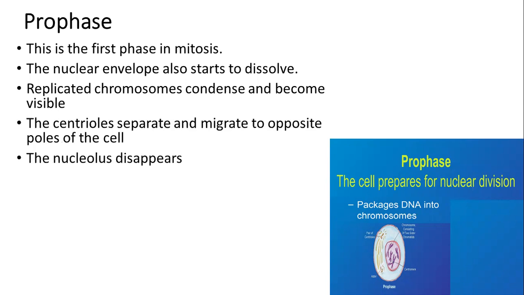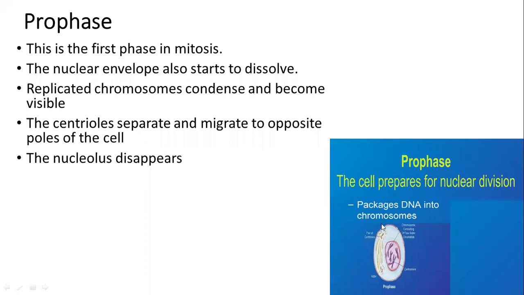The centrioles separate and migrate to the poles of the cell. Spindle fibers appear from the replicated centrioles.